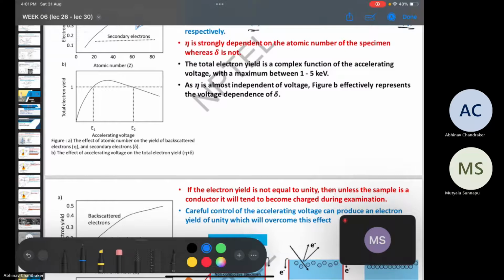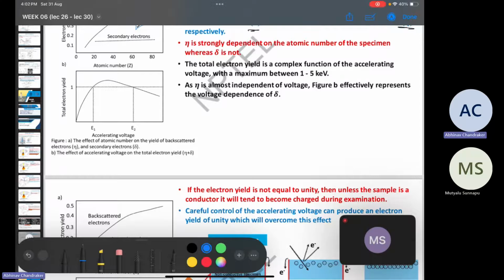The total number of electrons that get captured by the detectors can also be compared with the number of electrons in the primary beam that are interacting with the specimen.